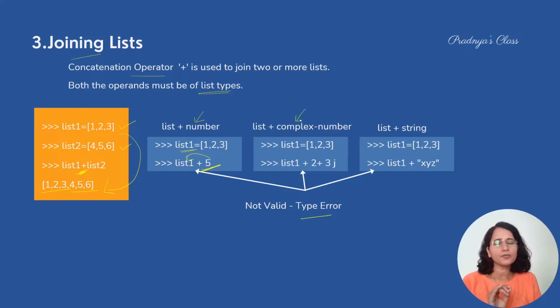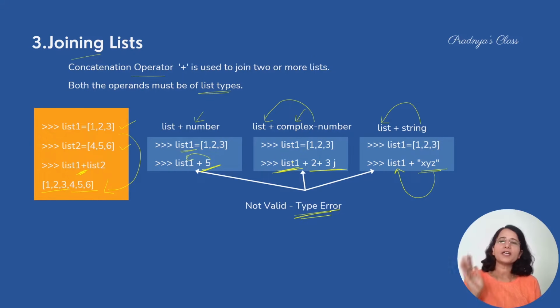Similarly, here we are trying to join a complex number to the list. You can see this is a complex number and this is list1. In this case also you will get the same error. Here I am trying to join a string with the list, but in all the cases we get the same error. So from this we understood that a list can be joined only with another list, not with a number, not with a string, not with any other data type.